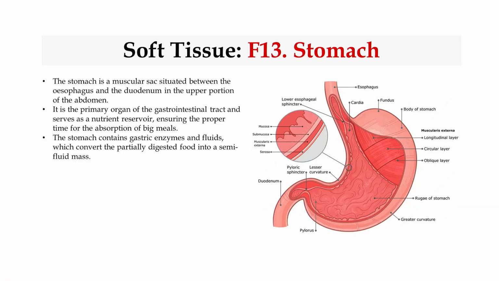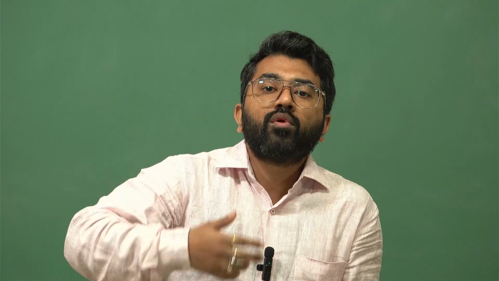The stomach contains gastric enzymes and fluids which convert the partially digested food into a semi fluid mass, right? And this is carried forward through certain stages of operations for nutrient absorption through the intestines, which we're going to discuss in a moment, right?